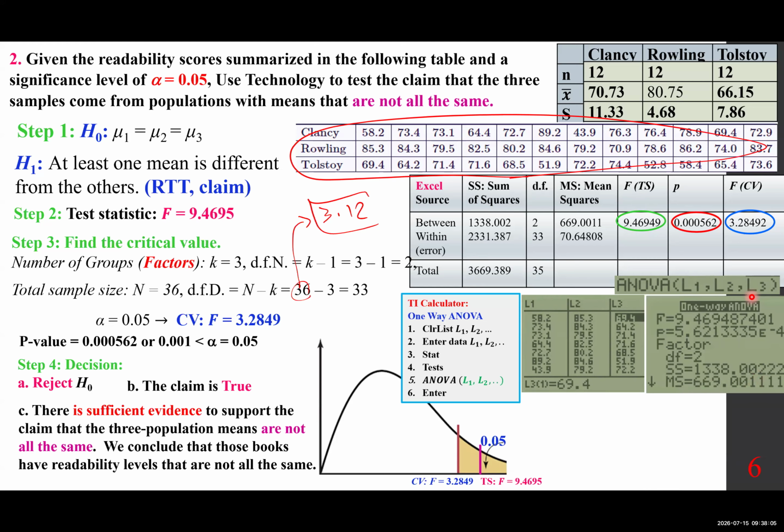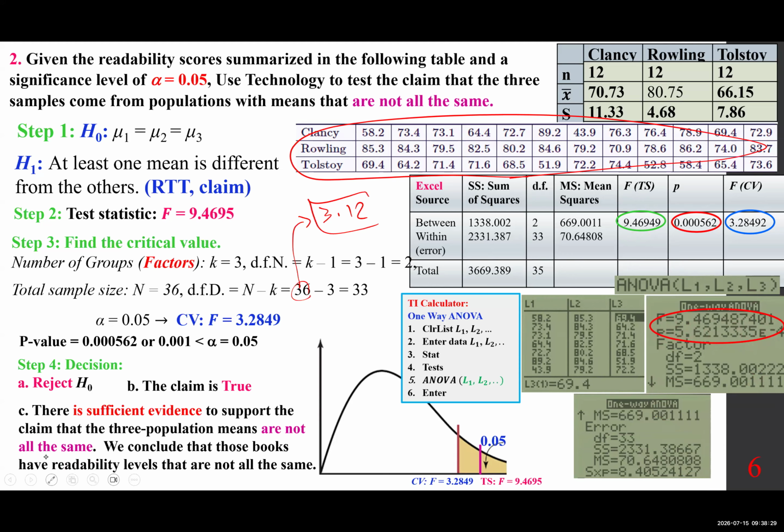What do we notice? First of all, the moment you see the arrow down, then there's another page. Take a look at what we have here. This was the test statistic. This was the p-value. Please understand the p-value, 5.6 times 10 to the power of minus 4. And I'm going to write that because I want to make sure that you understand.